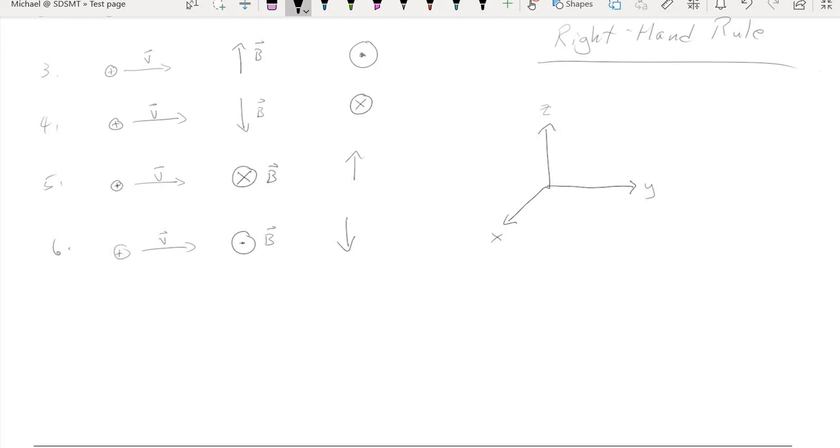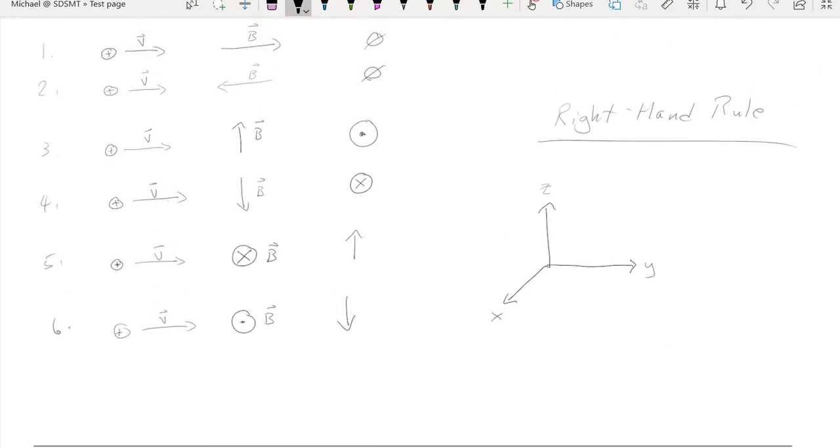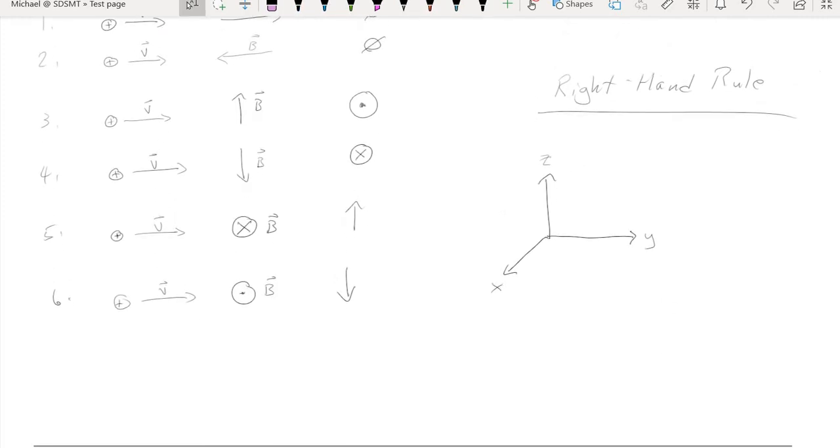I see a lot of people who are right-handed, writing with their pencil or their pen with their right hand, and then they try to use the right-hand rule with their free hand, which is their left hand, and they get their answers wrong. So if you're a left-handed person and you write with your left hand, this is your day, because you can continue writing and use the right-hand rule at the same time, because you'll have your right hand free.